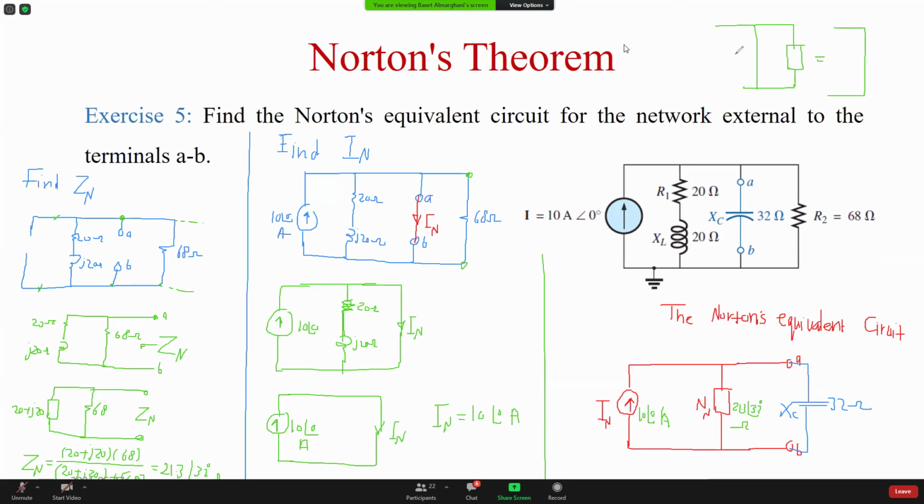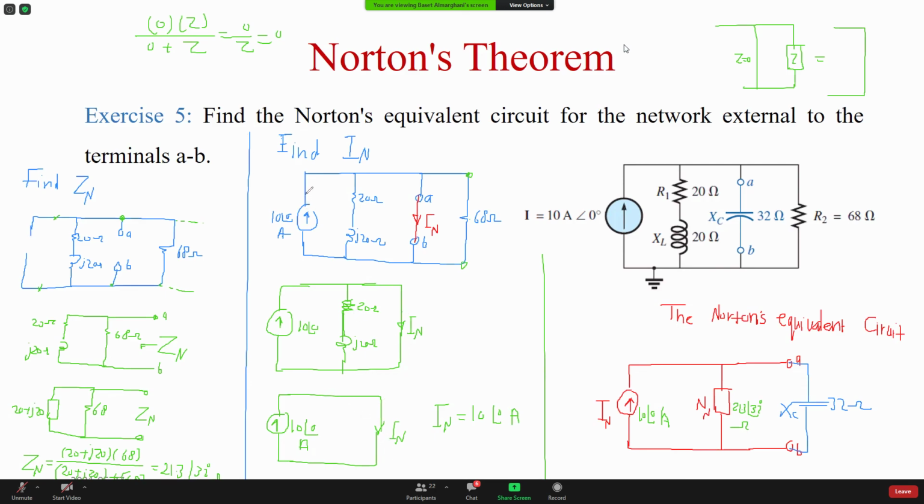The reason is that the impedance of the short circuit is 0, and the impedance of this one is just whatever Z. When you combine them, they're in parallel, so you multiply 0 by Z, and you divide by the sum, 0 plus Z. So this will be 0 over Z, which is going to be 0. It means this combination will give you a short circuit. So if you take these two in parallel, you get a short circuit. Then this and this in parallel will give you a short circuit. So this is the total.